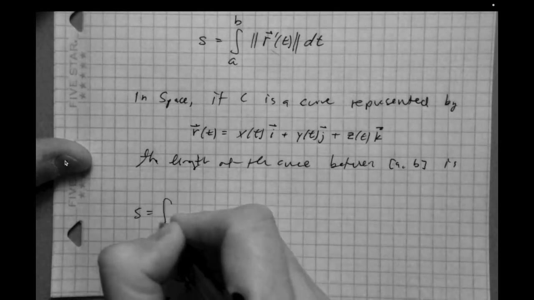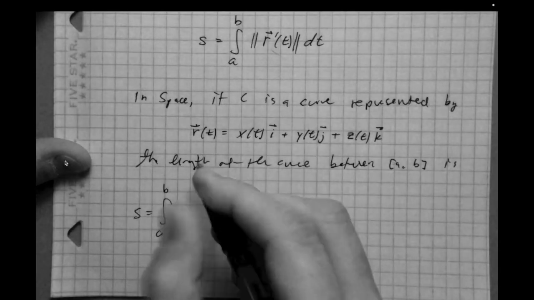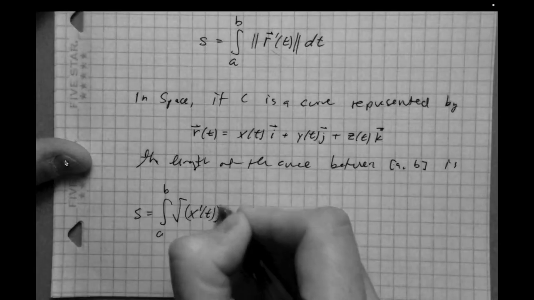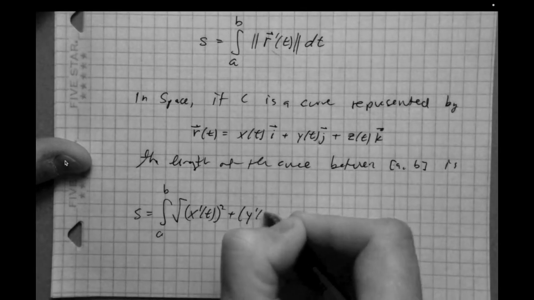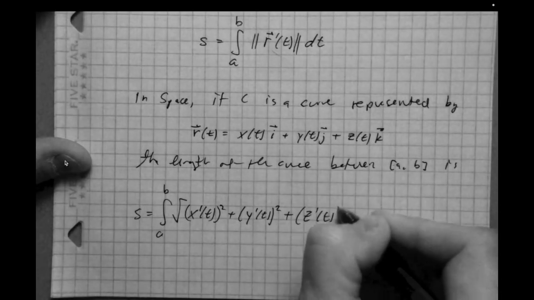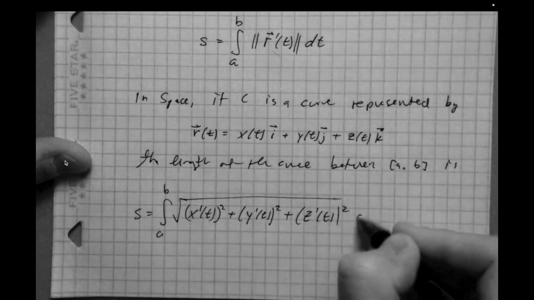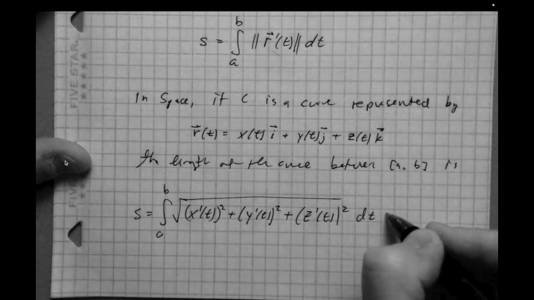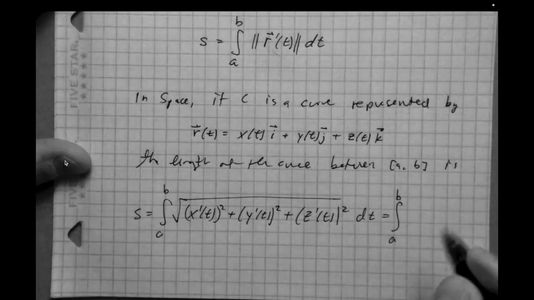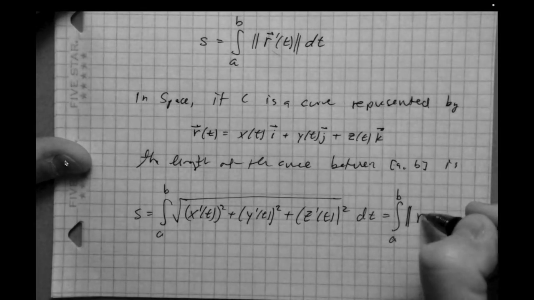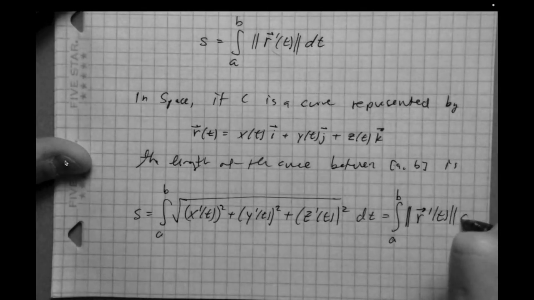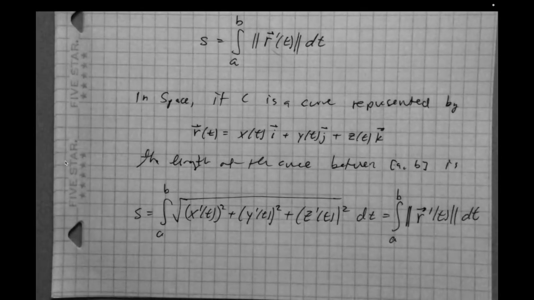So it would be s equals the integral from a to b of the square root of x prime of t squared plus y prime of t squared plus z prime of t squared, with respect to dt. And this is, of course, the same thing as the norm of r prime of t, right? So the integral of the norm.